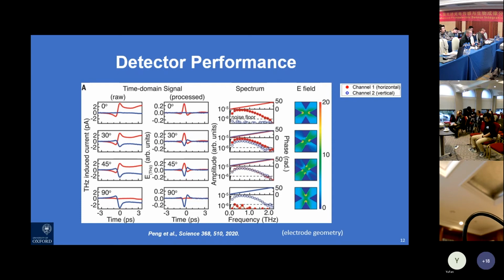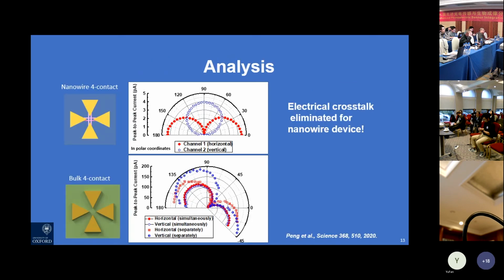We also noticed that the electrode geometry will influence the detector's selectivity to the incident terahertz polarization, so we did an FDTD simulation to check the antenna's influence. You can see the double bow tie antenna structure gives a perfectly linear response to the terahertz polarization change. And that's some analysis on the signal.